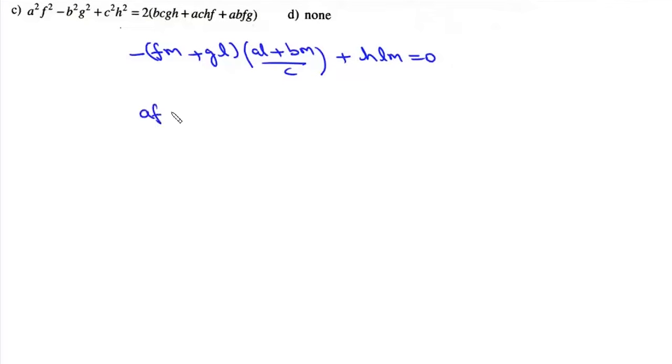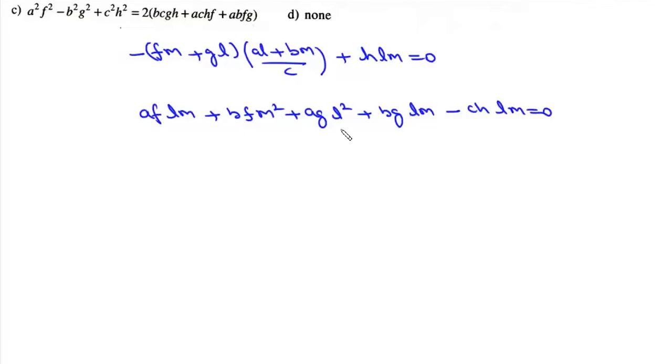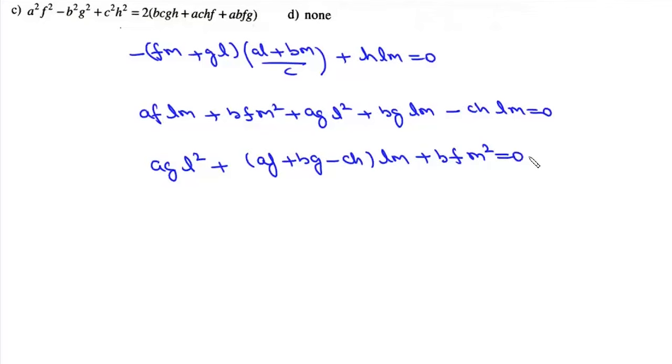Now if we simplify this, we can write this as af lm plus bf m square plus ag l square plus bg lm and then minus ch lm equals 0. Now we can rewrite this as ag l square plus af plus bg minus ch into lm plus bf m square equals 0.